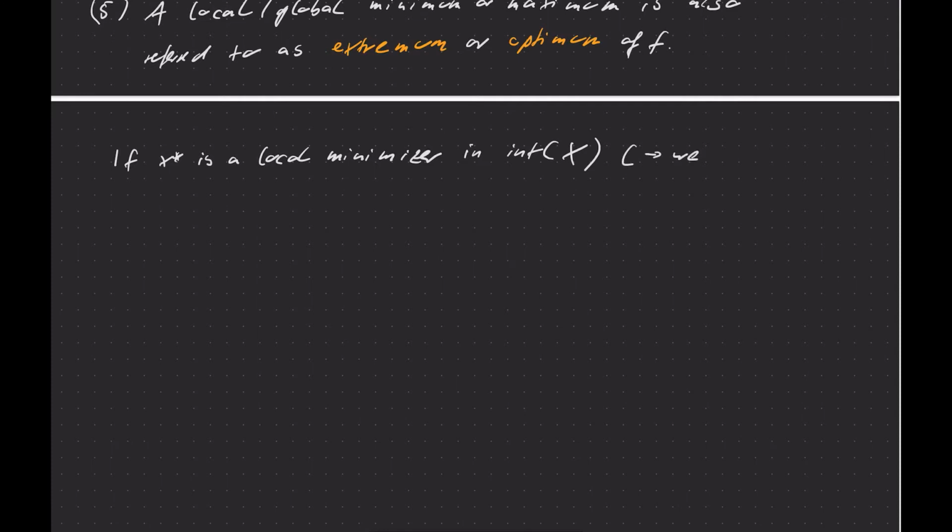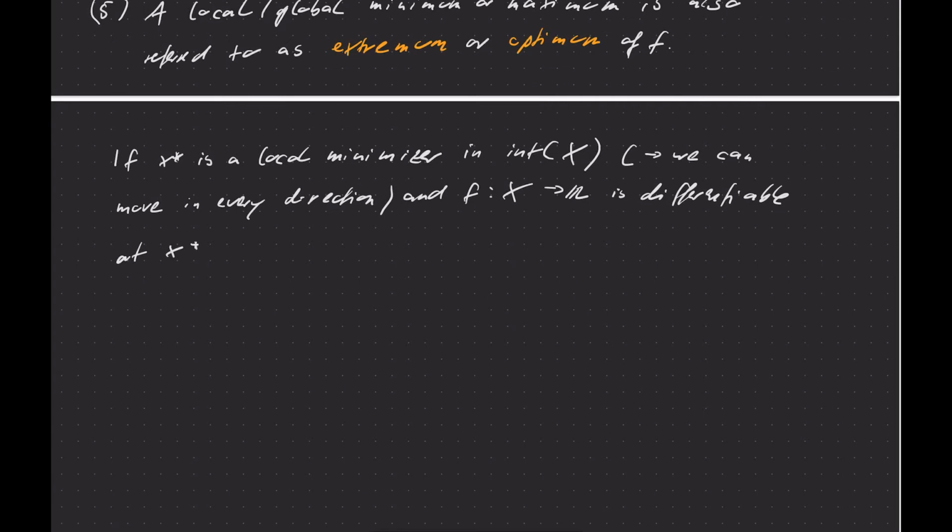Okay, so we can move in every direction. And we want f to be differentiable. So f from X to R is differentiable at that point x star.